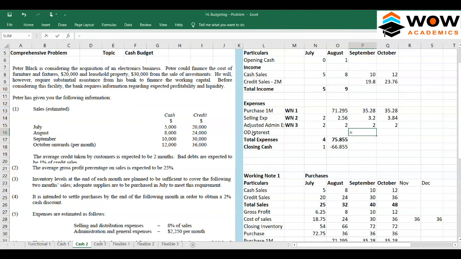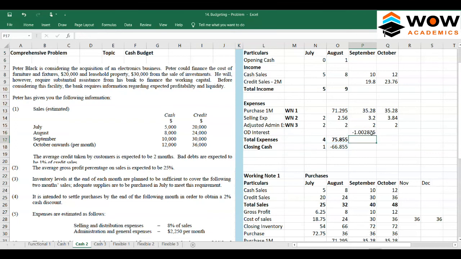So in September, how much interest will we pay? We will pay on the deficit. The total deficit is this number. So we'll pay 18% on that. If you do this, we'll get a negative number.